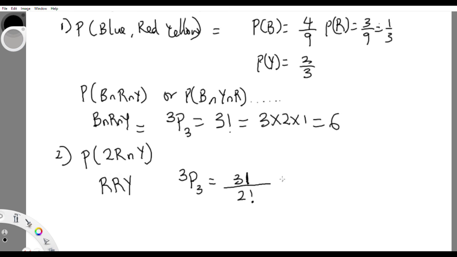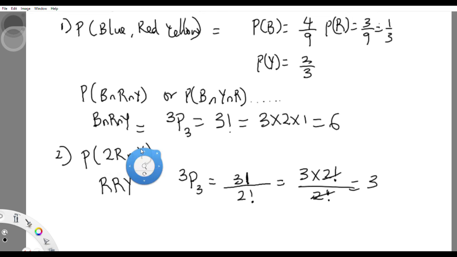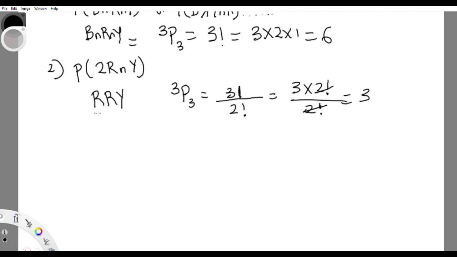Put 2 factorial underneath, because this one is repeating itself, and that's 3 times 2 factorial over 2 factorial. Cancel, then get 3. So that means it's only 3 ways in which you can do that. Only 3 ways. So since you know it is 3 ways, all you need to do is get the probability of one of them occurring.